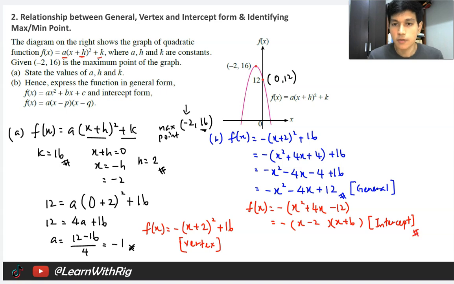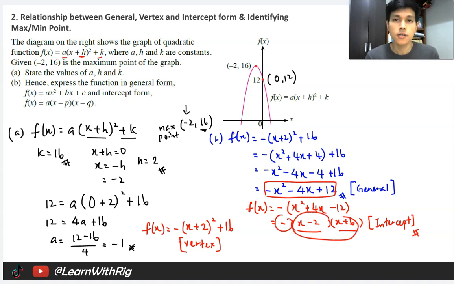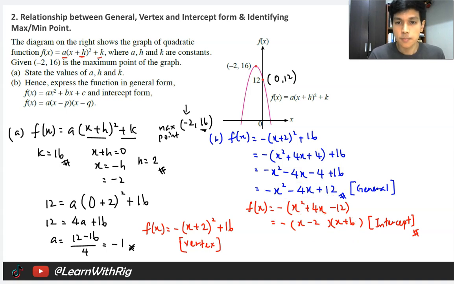Now if you just key the whole expression into your calculator like this, you will still get this answer. Correct? And if you wrote this answer without the negative here, your answer will be wrong. That is why, like I said, before you key the whole equation into your calculator, please make sure you factorize the negative out. Why?